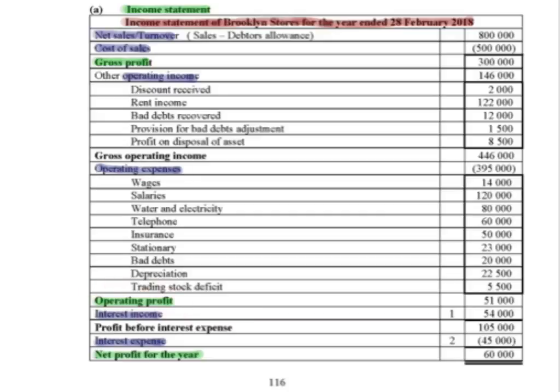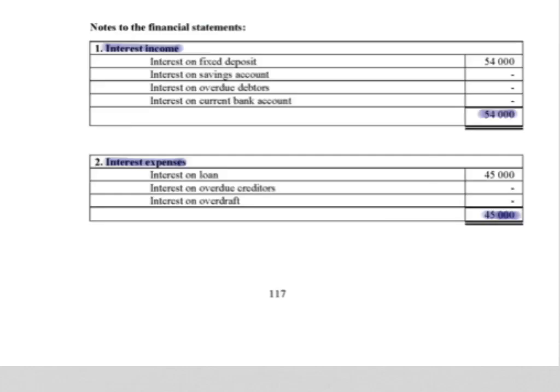Now after operating profit, you find your two interests. Interest income is calculated in note number 1 and interest expense is calculated in note number 2. If we go to the notes, in our interest income note, I simply list all the different interest incomes that I find.